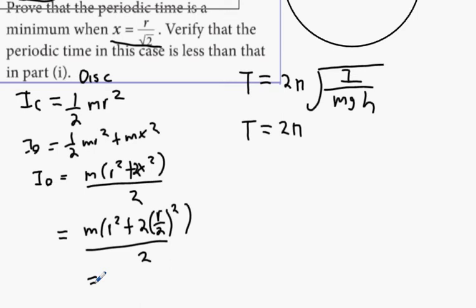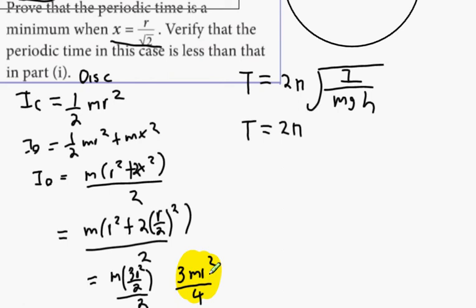That's going to be r squared plus r squared over 2, which is 3r squared over 2. So it's going to be m times 3r squared over 2 divided by 2, which is 3mr squared all over 4. I'm going to put that in as my I value.